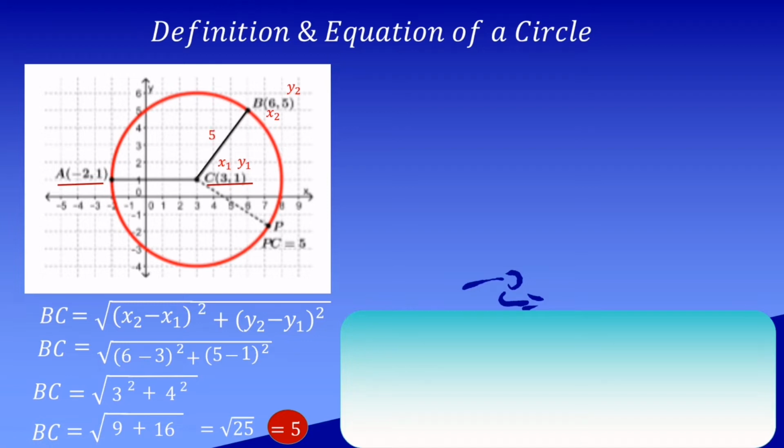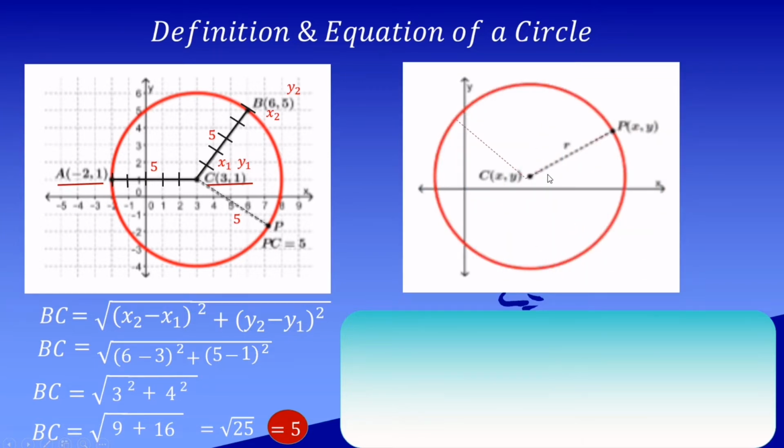Meron din tayong ibang points P such that PC is equal to 5. Lahat ng segment natin from C, the center, to any point on the circle is 5. So the collection of all such points which are 5 units away from the center forms a circle.